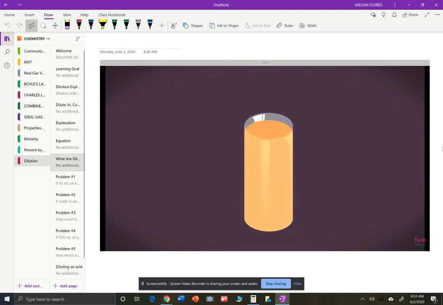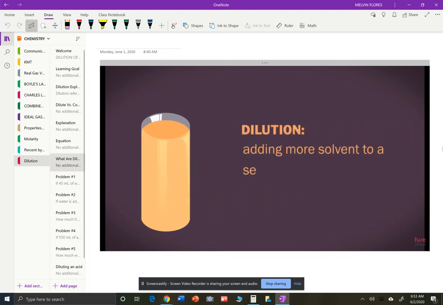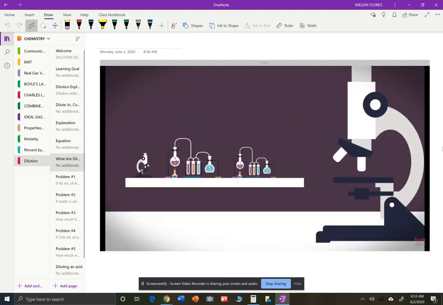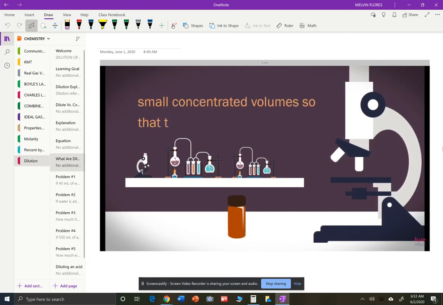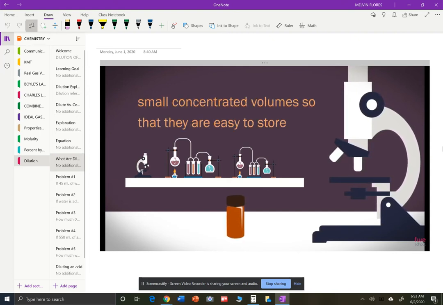So you just need to remember that to dilute a solution means to add more solvent to a set amount of solute, therefore increasing the total amount of solution and decreasing the concentration. So, why do we dilute things in chemistry? In laboratories, solutions usually come in small concentrated volumes so that they are easy to store.